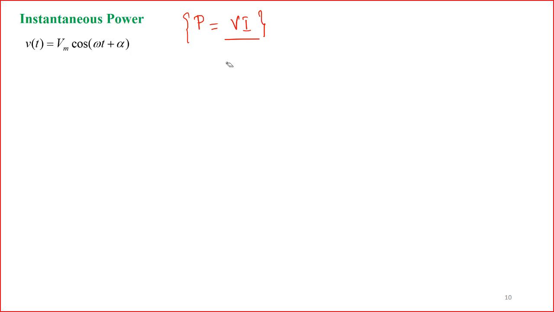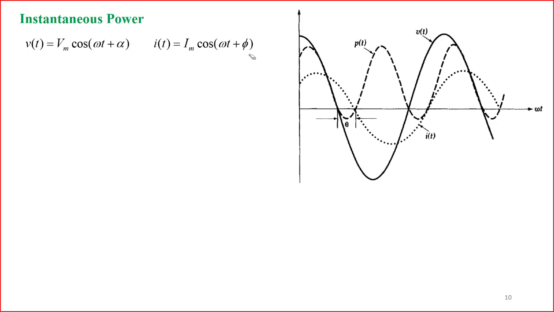So let us consider the instantaneous voltage and current and find the instantaneous power equation, and from that we'll find the average power. That will give me the actual power which is in fact useful, therefore we call it active power, right?